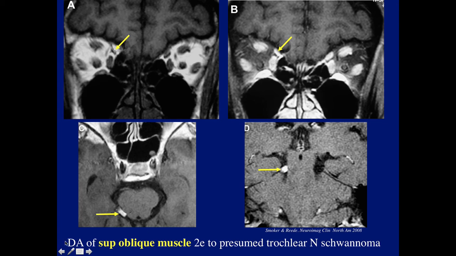This was denervation atrophy of the superior oblique muscle, secondary to presumed trochlear schwannoma, which we can see here. Notice it is in the appropriate location where the trochlear nerve runs. And this was the end result. Unique, just one muscle atrophy because of this presumed schwannoma.